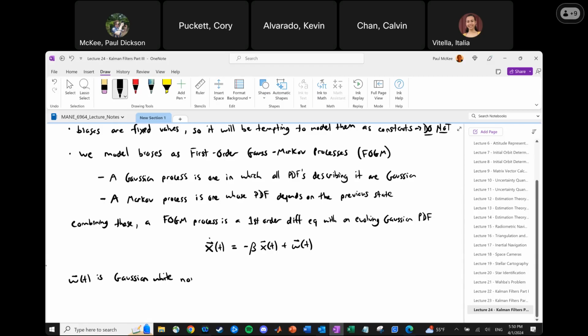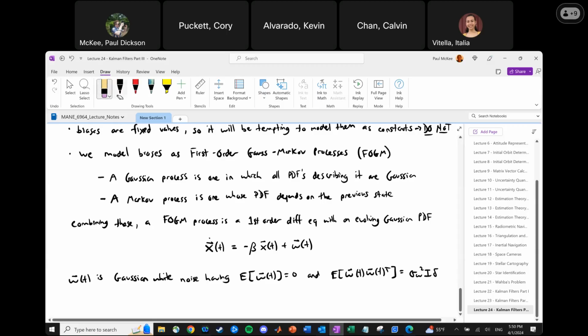Gaussian white noise having, well, we can kind of expect by now, the expected value of white noise had better be 0. And the expected value of white noise times its self-transpose is, in this case, going to be sigma omega squared times the identity matrix. Oh, sorry, this should have an epsilon.